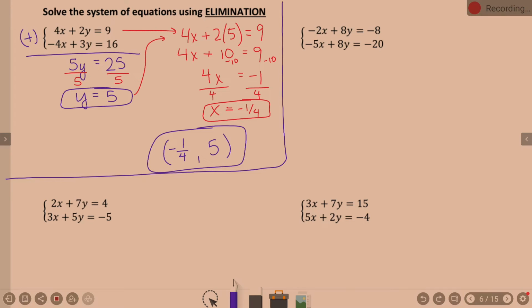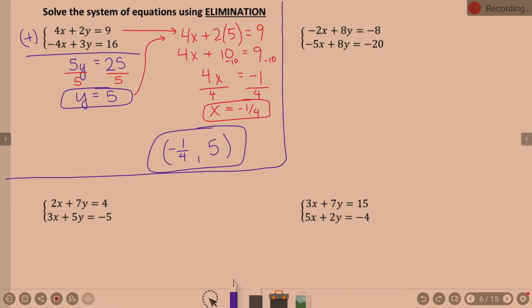Now, I can teach this 2 different ways. I used to teach, if it's positive 8y and positive 8y, we could subtract them. And so I could just subtract my 2 equations. And I'm okay with that. However, the problem I found out over the years is that we tend to run into a few more careless sign mistakes. But if you want to subtract, I'm perfectly okay with that.